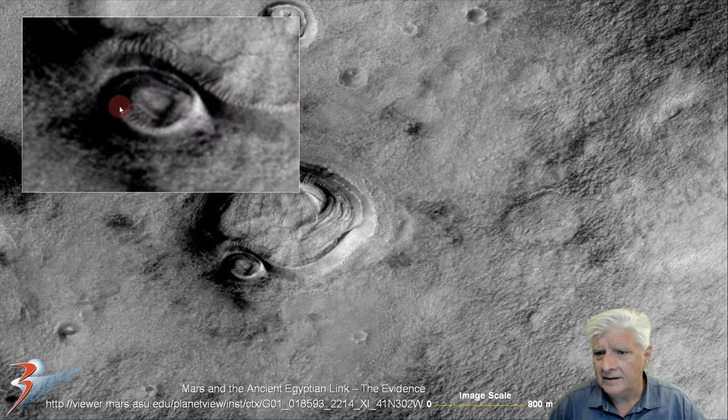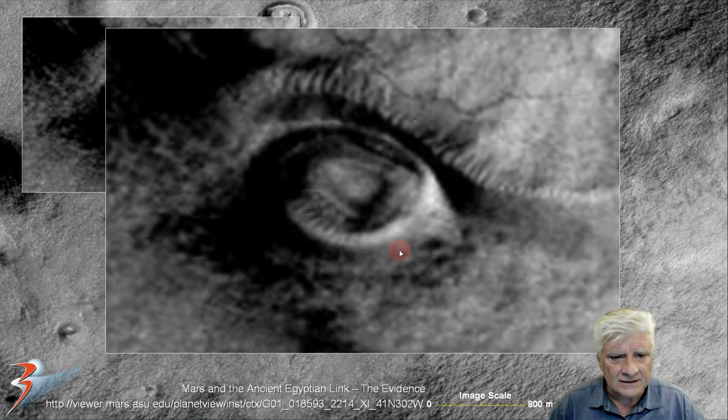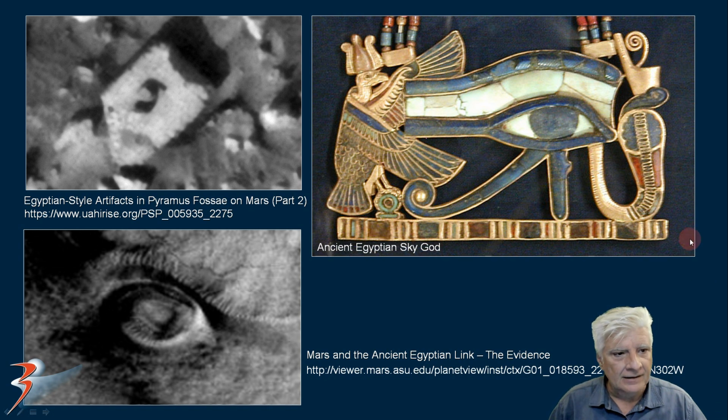These look like eyelids, eyelashes. So could this be an ancient ship with oars sticking over the edge, or is this a sculpture of an eye? And I compare it to the ancient Egyptian sky god symbol.